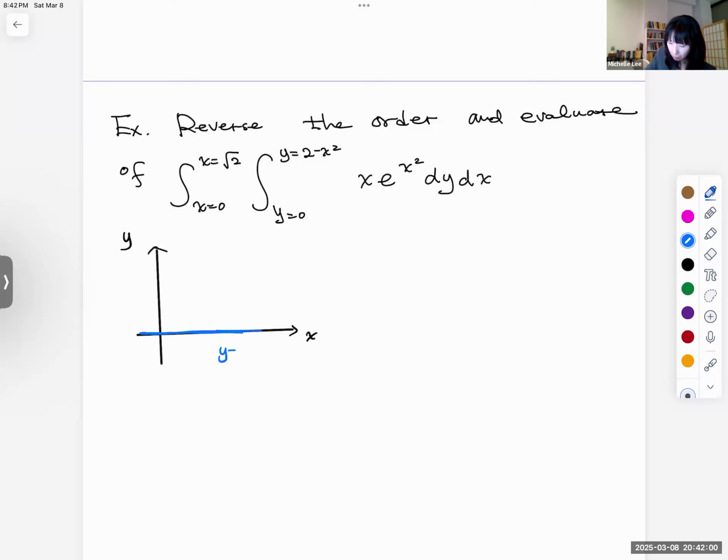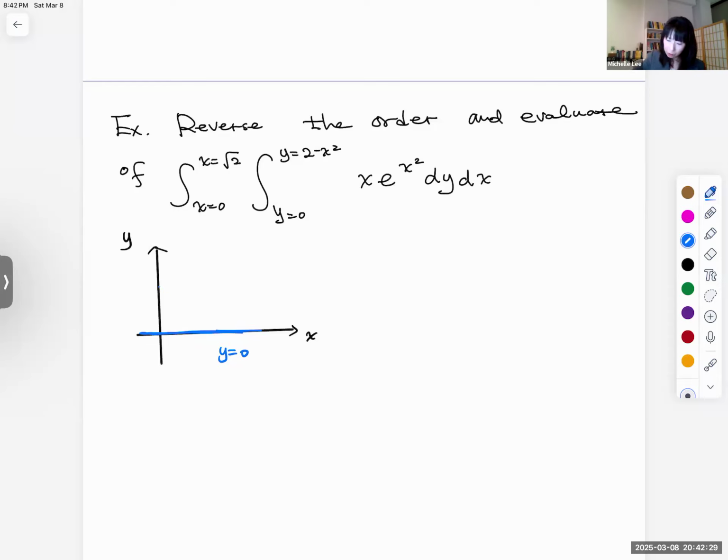Now, 2 minus x squared is a parabola opening downward because of the negative, and the y-intercept is 2, right?